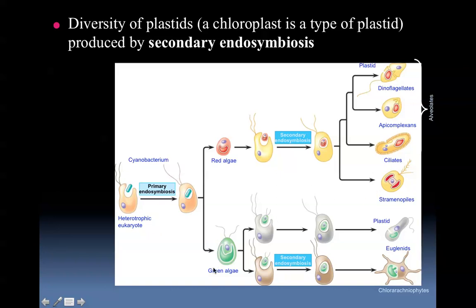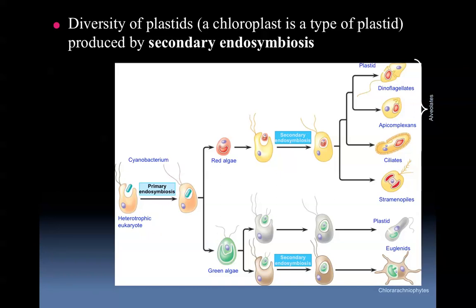You've got green algae also coming into some types of eukaryotic cells, and there's a symbiotic process that goes on here. What is the algae getting out of this? Well, it's getting protection from potential predators. And what is the host getting out of this? Well, it's getting the energy from the photosynthetic activity of this plastid, or what used to be a green algae.